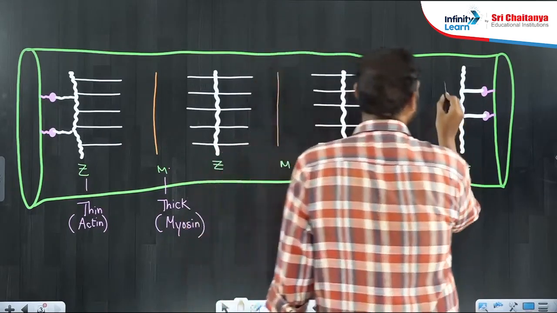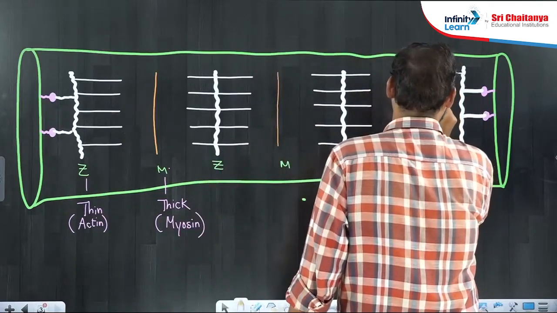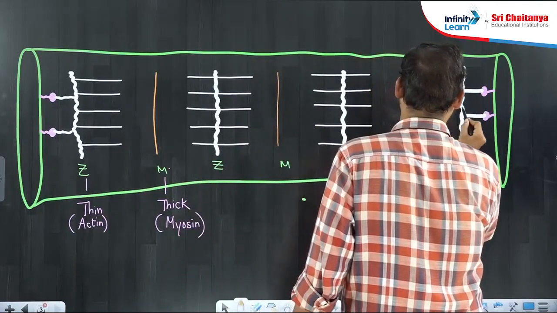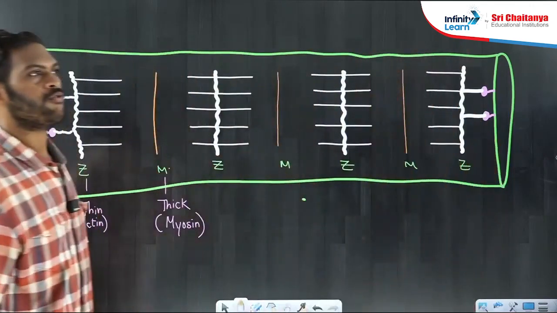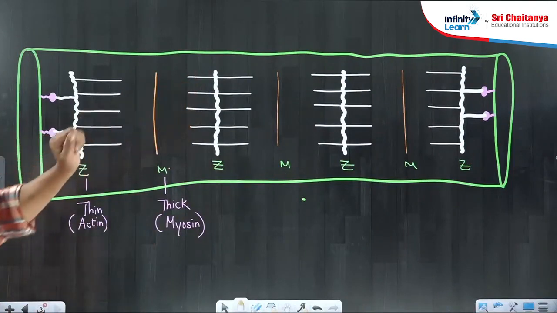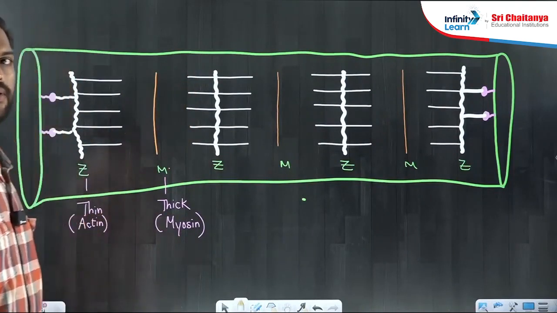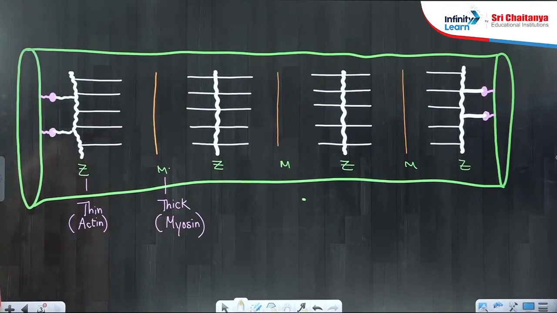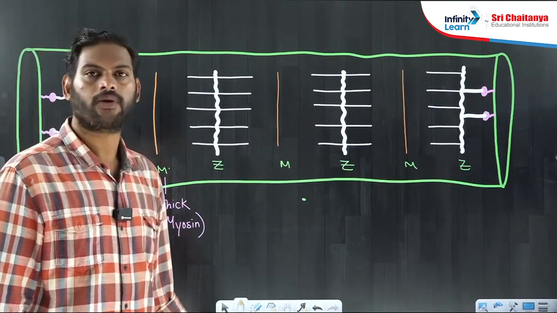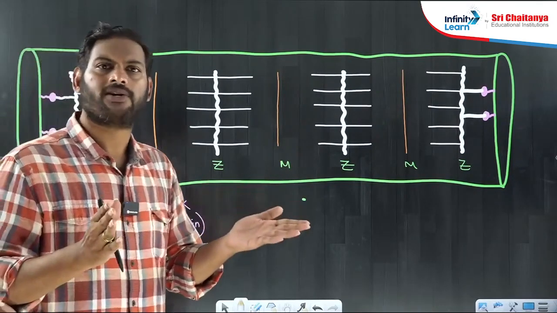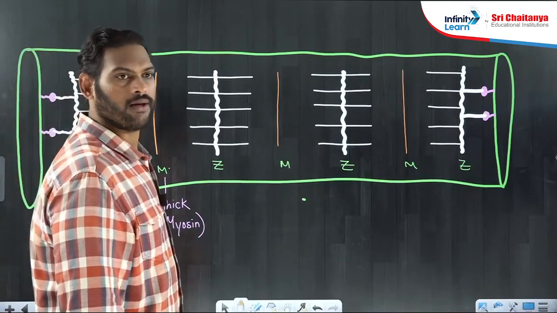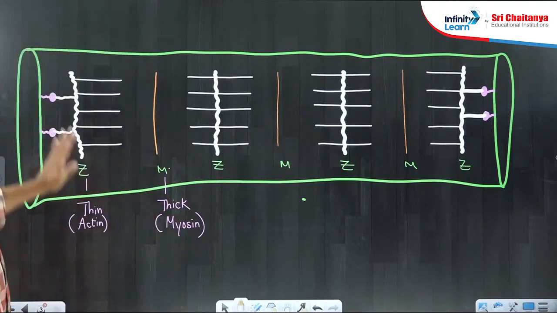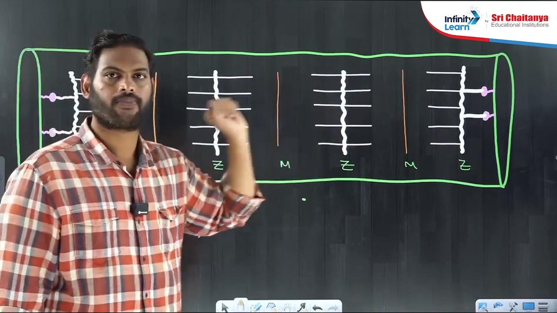First we'll draw thin filaments only. So thin filaments are attached to either both sides of Z line or only one side of Z, because space was not sufficient here. That was the main problem there. So first show thin filaments.